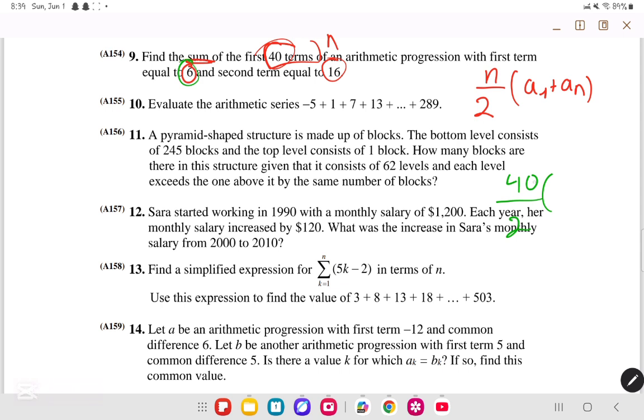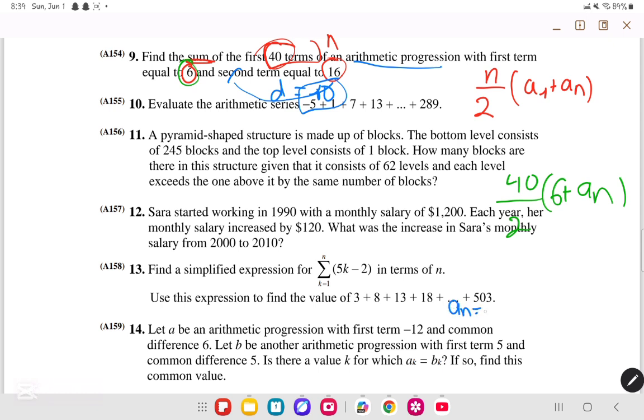What is a1? a1 is 6 in this case, plus an. How do we find an? Very simply, we can find the common difference because we know that it's an arithmetic progression. So we're gonna do second term, which is 16, minus first term, which is 6, to get the common difference to be 10.